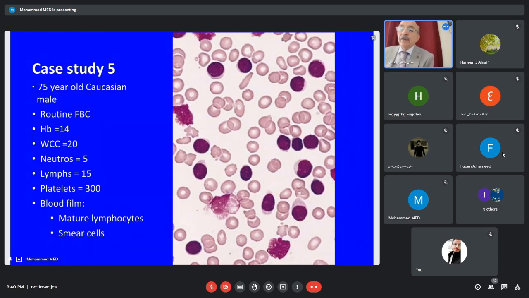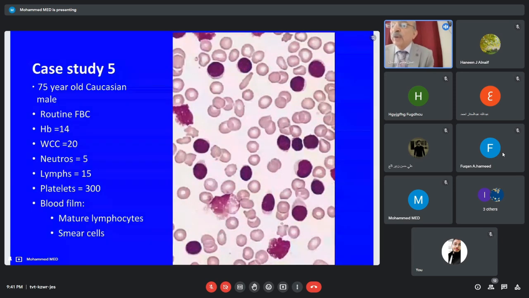Neutrophils 5, lymphocytes 15, platelets 300, again normal, and there are mature lymphocytes. So this patient who's 75 is having a high white blood cells, but they are mature.